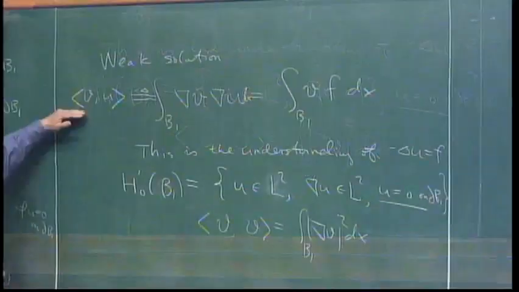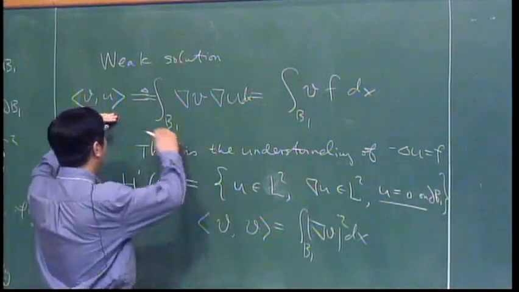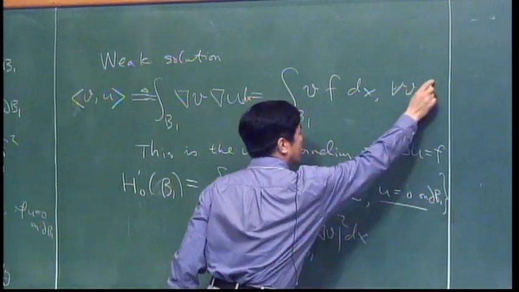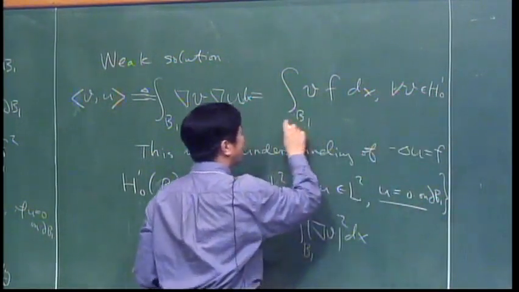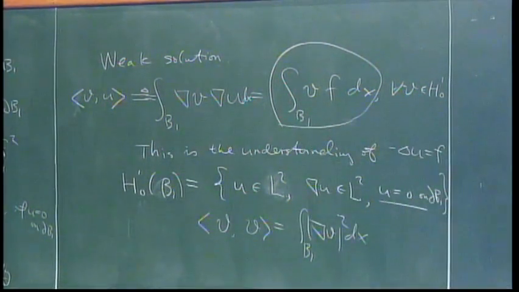So this is an inner product. And if you want to show there's U such that this is true for all V, you only have to show that this is a continuously bounded linear functional, which is trivial. You did it already, actually.